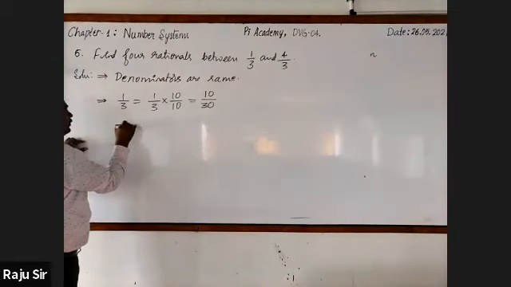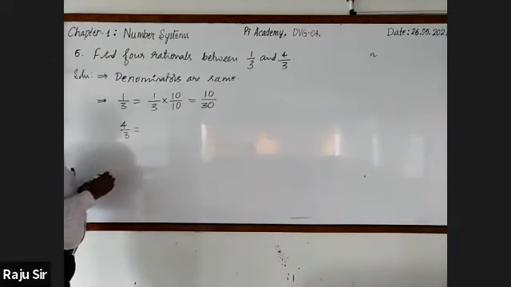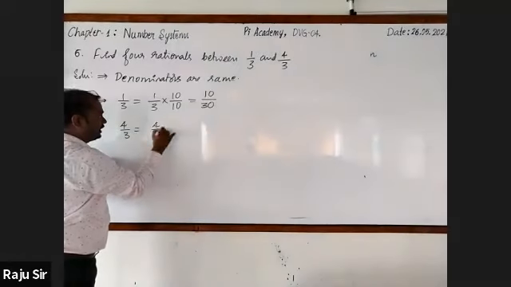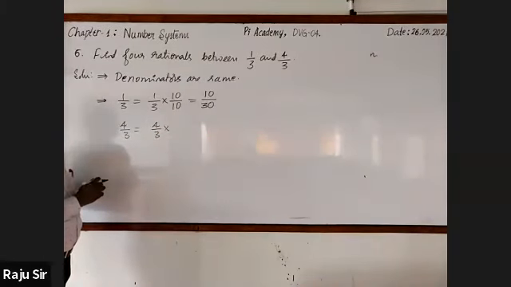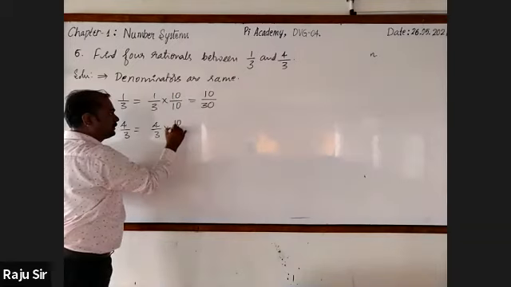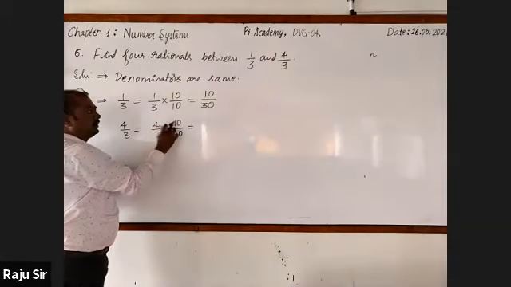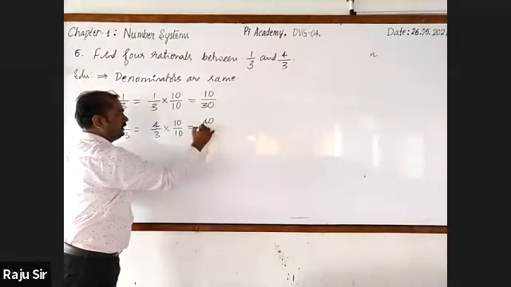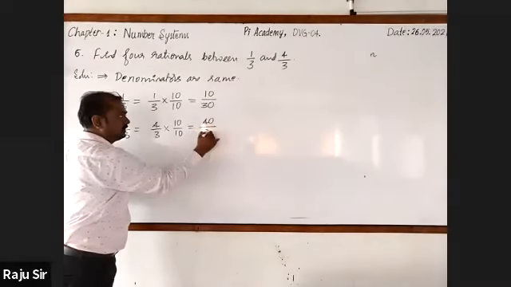Next, 4 by 3. Write 4 by 3 as it is. Then again multiply 10 by 10. 10 fours are 40, 10 threes are 30.